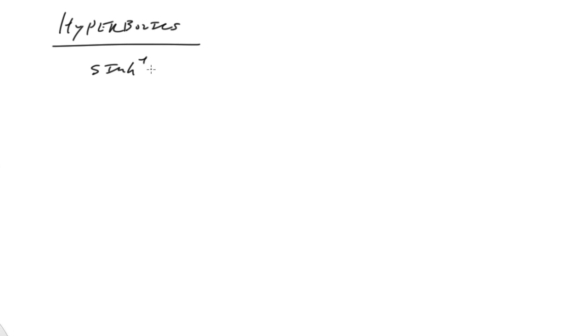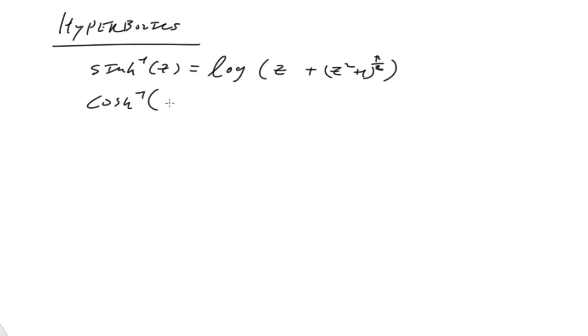Inverse hyperbolic sine can be written as complex log of z plus the quantity z squared plus 1 to the 1/2 power, and cosh inverse is equal to complex log of z plus the quantity z squared minus 1 to the 1/2 power.